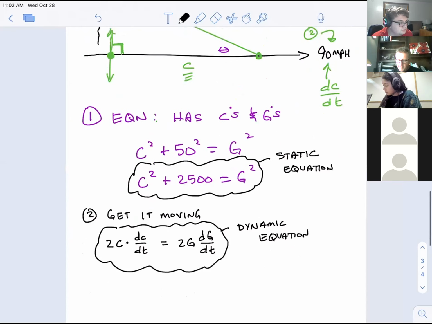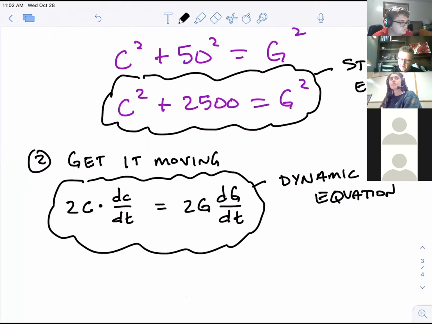So again, what we have here is an equation that has 4 unknowns in it. It's got a c and a dc dt, a g and a dg dt. In the language of algebra, it's got 4 unknowns. And so if you give me 3 of them, in the context of a boring book problem, I'll be able to calculate the 4th. And of course, the one we are curious about from the start is dg dt. I want to know how fast the cop pulls the trigger when I'm at 12 feet.